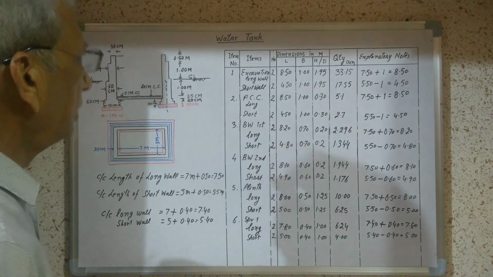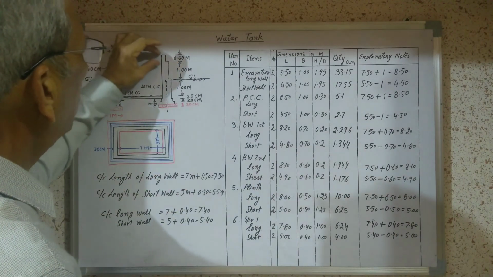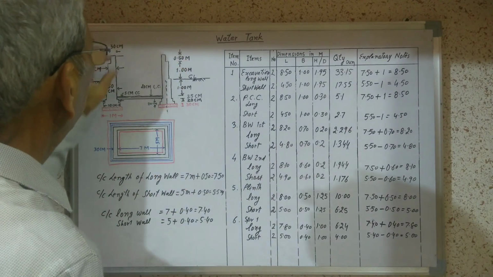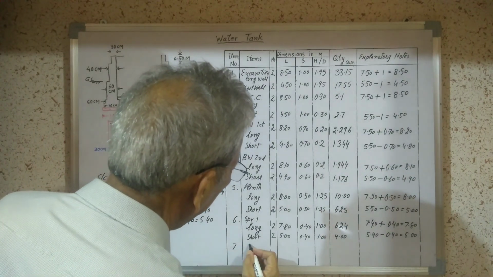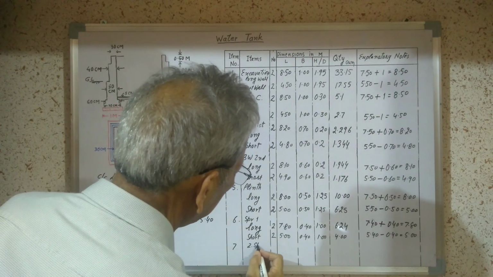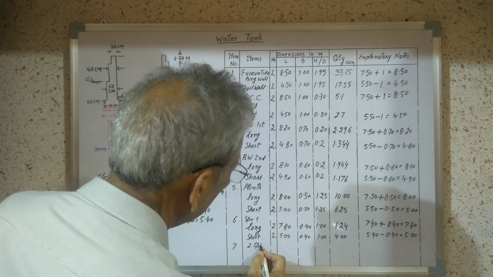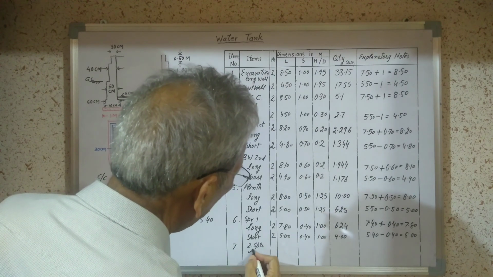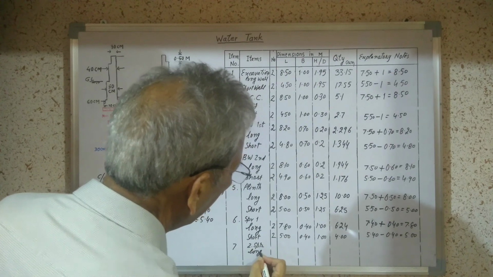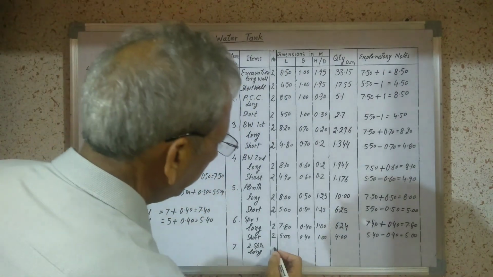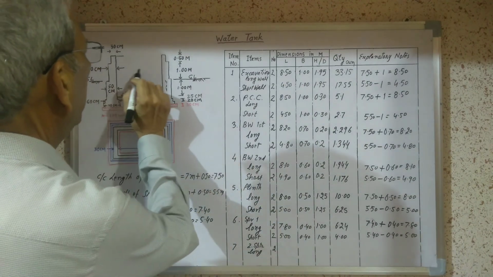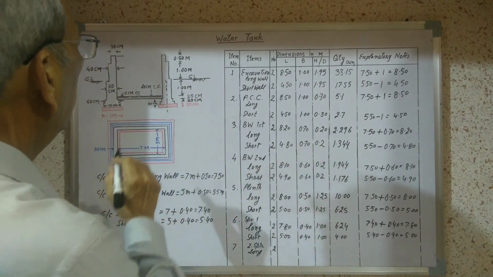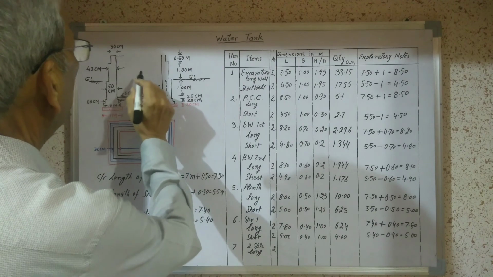Now the last step is this portion of the superstructure, this wall portion, number 7, second step in superstructure. Long wall, 2 number of long walls. Now we will calculate center to center.